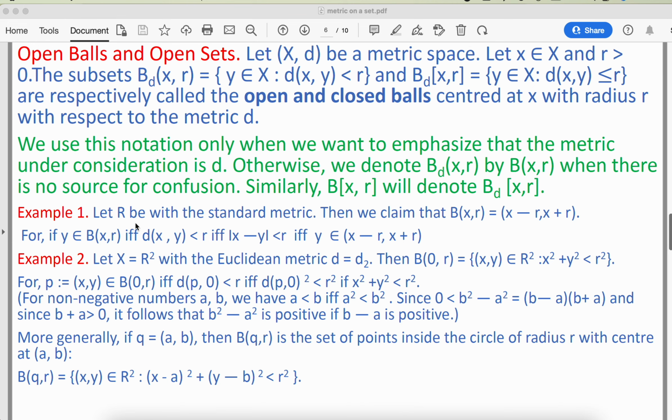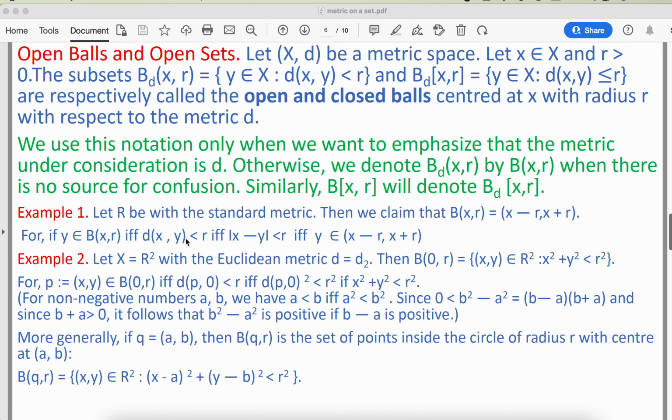Suppose R is the set of real numbers equipped with the standard metric. Then we claim that the open ball with center x and radius r is nothing but the open interval (x minus r, x plus r). Because y belongs to B(x, r) if and only if the distance of x from y is less than r.